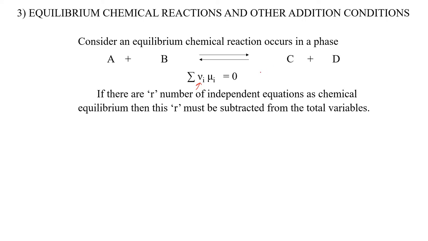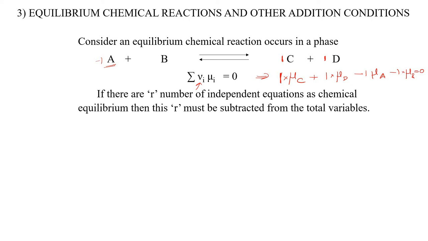See what is meant by that? For this reaction, for each product we have a stoichiometric number. So for product C, the stoichiometric number is 1, into the chemical potential of C, plus for D the stoichiometric number is 1, into the chemical potential of D. Then minus 1, because for a reactant the stoichiometric number should be negative. Therefore for reactant A, the stoichiometric number is minus 1, so minus 1 into the chemical potential of A, then minus 1 into the chemical potential of B, that should be equal to 0.